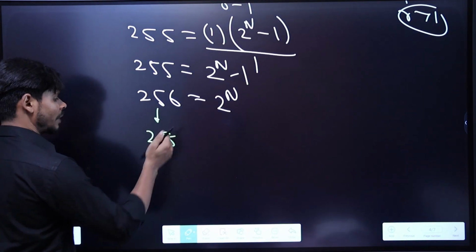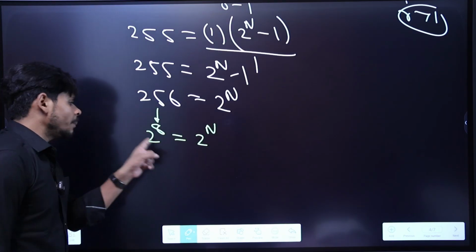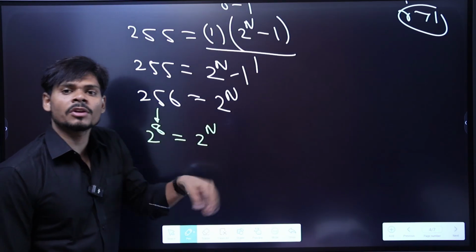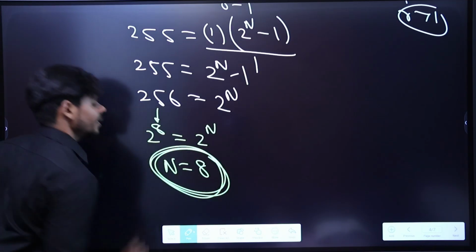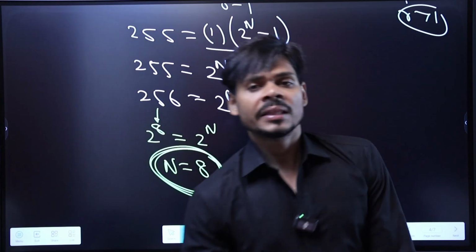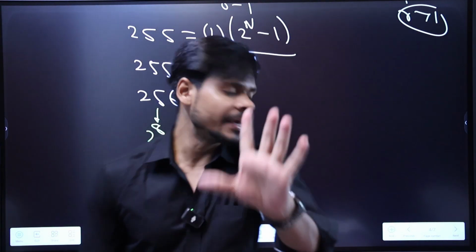You can do the prime factorization, by the way. So 2 raised to power 8 and here 2 raised to power N. If the bases are the same, then the exponents will also be the same. It means N is 8. The total number of terms in this GP is 8, right?